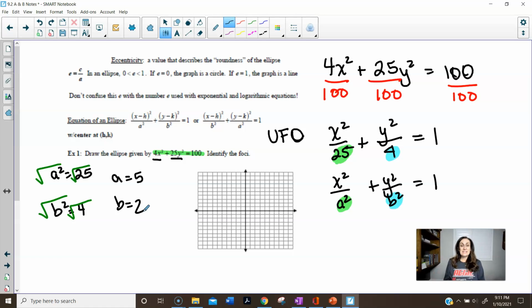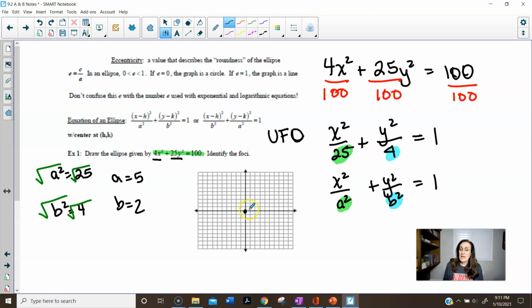So the center of the ellipse, notice there's no h, k. So the center is at 0, 0. From the center, we are going to count a units, which is 5. But because it's a UFO, the a's are going to go left from the middle and right from the middle.